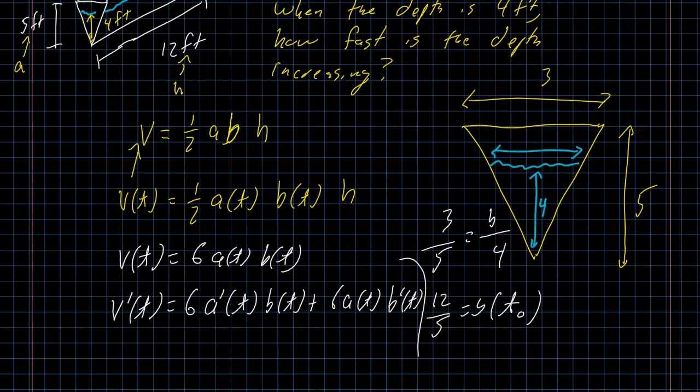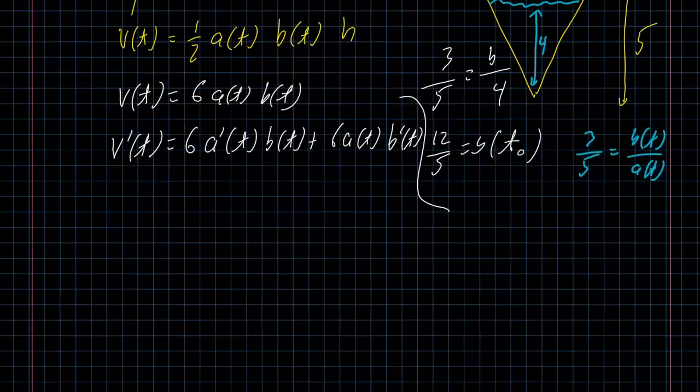And I should be using my colors a little bit more efficiently here. We solved for a particular time in our similar triangle over here. I could have just as easily solved it a little bit more generally, because that ratio, 3/5, should be equal to b of t over a of t at any time t.